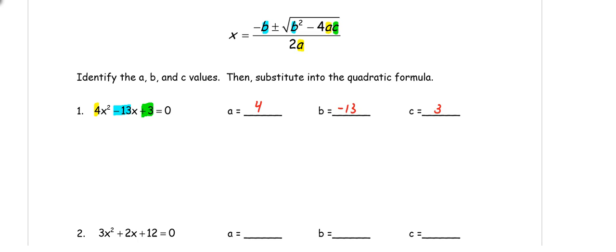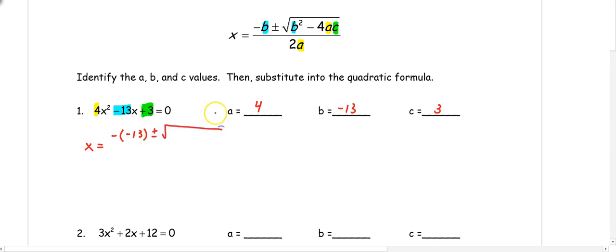So now all we're going to do is substitute into the quadratic formula and stop. All we want to do is practice putting the values in the correct spot. When you substitute in a value, it's important to put parentheses around your substitute value. So we're going to have x equals negative b. So negative, and the b value is negative 13, plus or minus the square root.